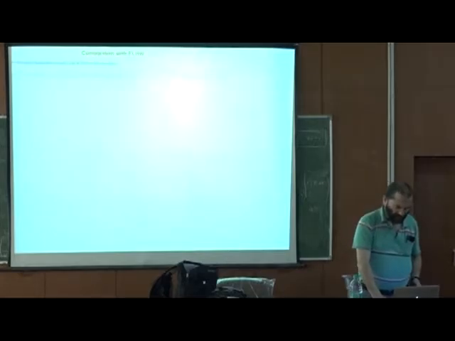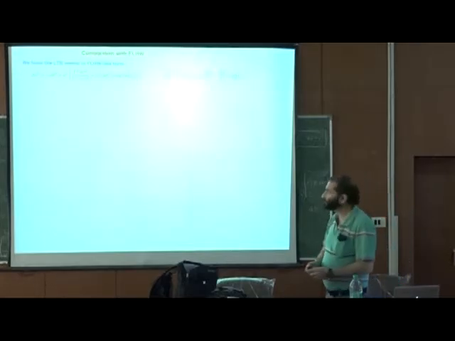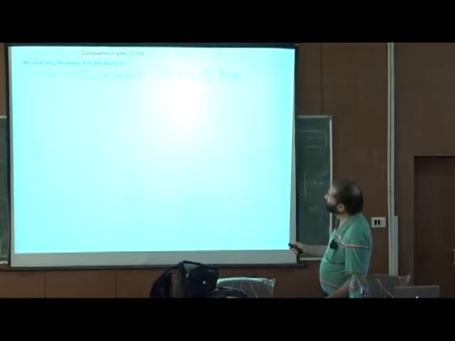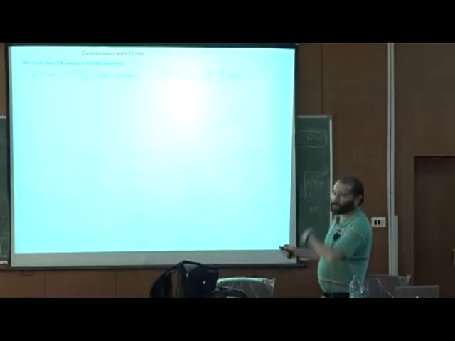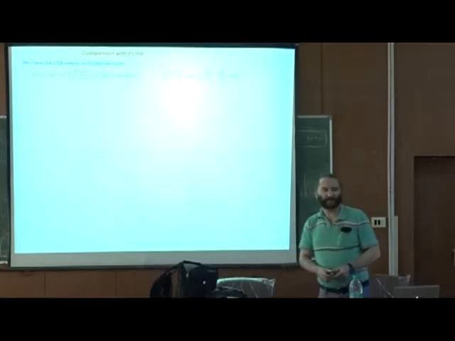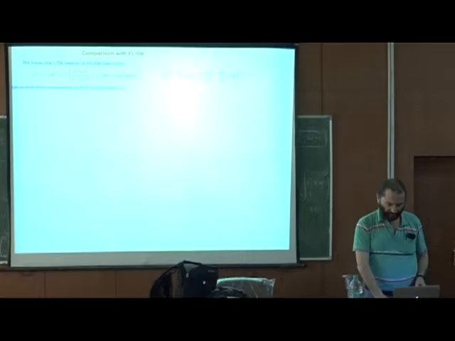Now, comparison with FLRW. This is what we have. This is a new LTB metric, and this is the H perp, just what I mentioned before.